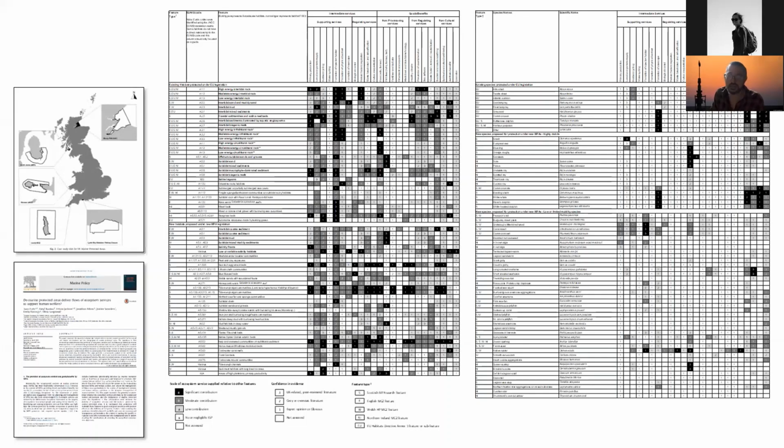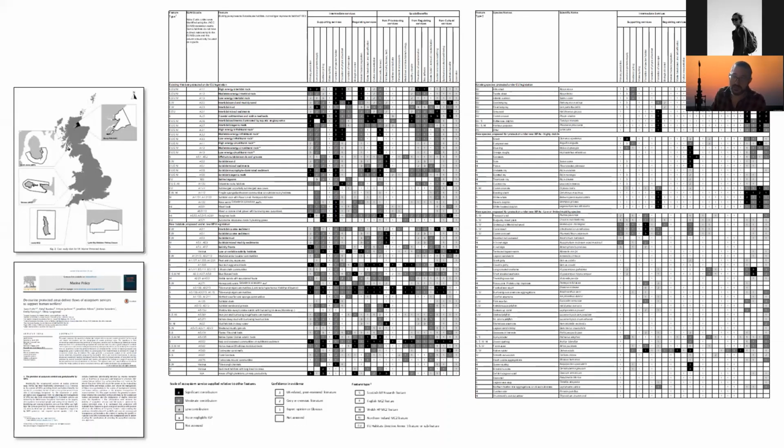And some very broad brush things you can see here is that we have a lot more information and confidence about what habitats are doing on the left-hand side. There's a lot more black and grey squares there on the left-hand side, as opposed to individual species. We have a lot less information there about those. Also, habitats tend to provide a lot of multifunctional benefits across a whole range of different both services and benefits.